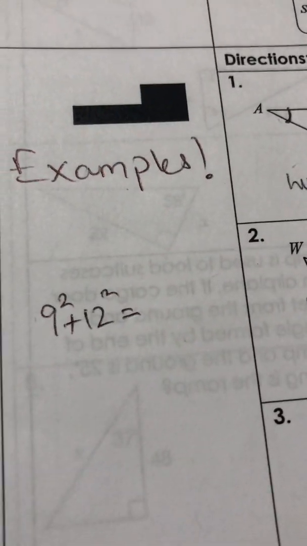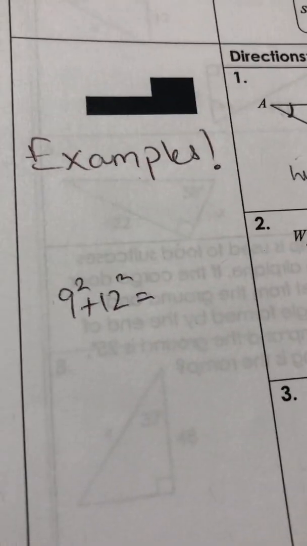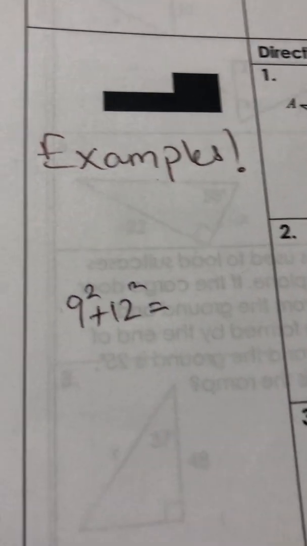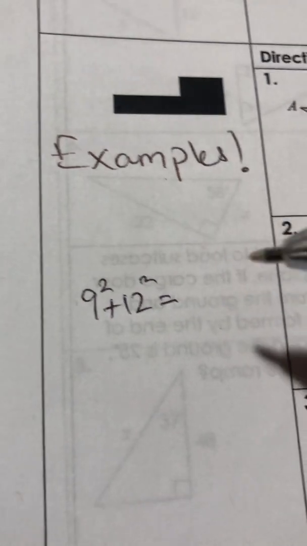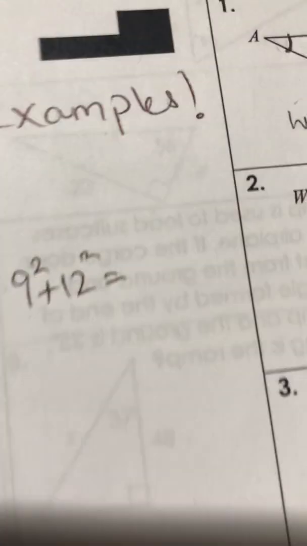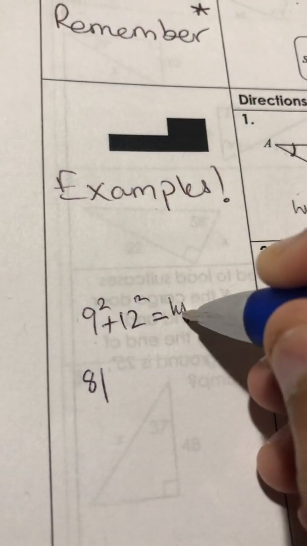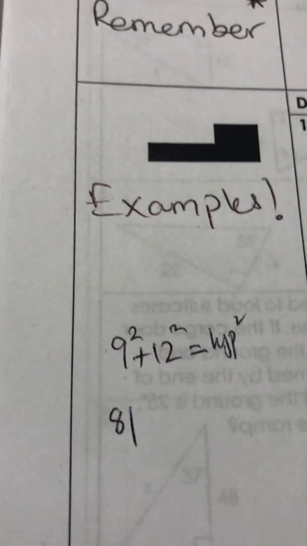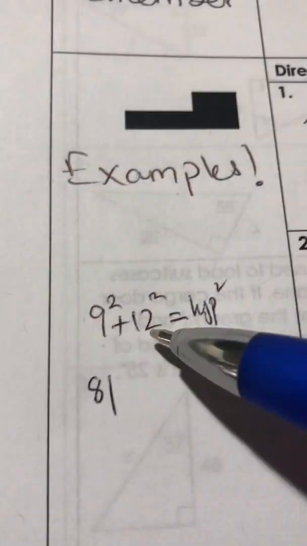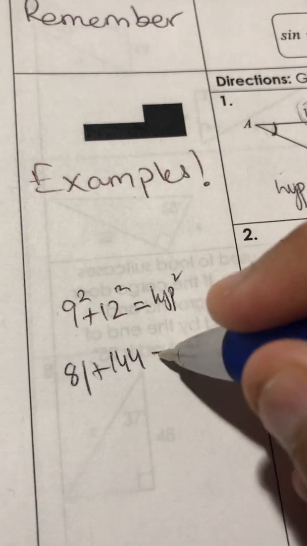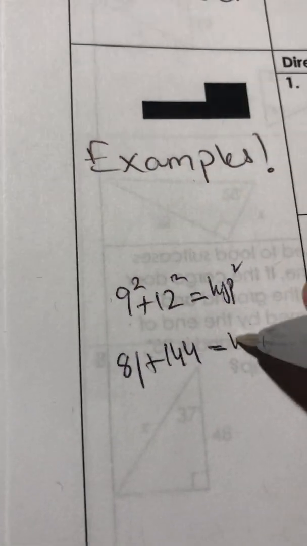equals the side opposite, let's name it lowercase y, the hypotenuse. So 9 squared is 81, because 9 times 9 is 81. And 12 squared is 144.